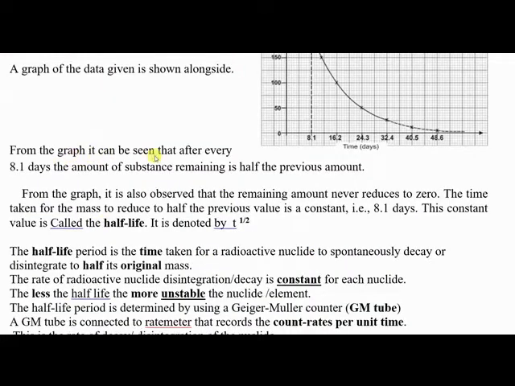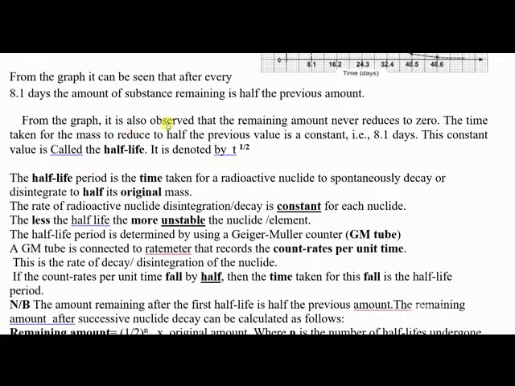From the graph, it can be seen that after every 8.1 days, the amount of the substance remaining is half the previous amount. From the graph also, it is observed that the remaining amount never reduces to 0. The time taken for the mass to reduce to half the previous value is a constant, 8.1 days.